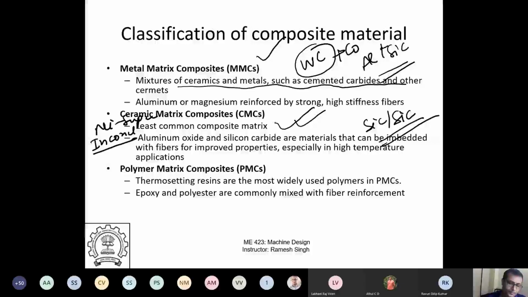But a better material would be ceramic matrix composite, because I can go very high. Right now my temperature is limited: with Inconel, I can go up to 1000 degrees centigrade. After 1000, at around 1200, it starts to soften.